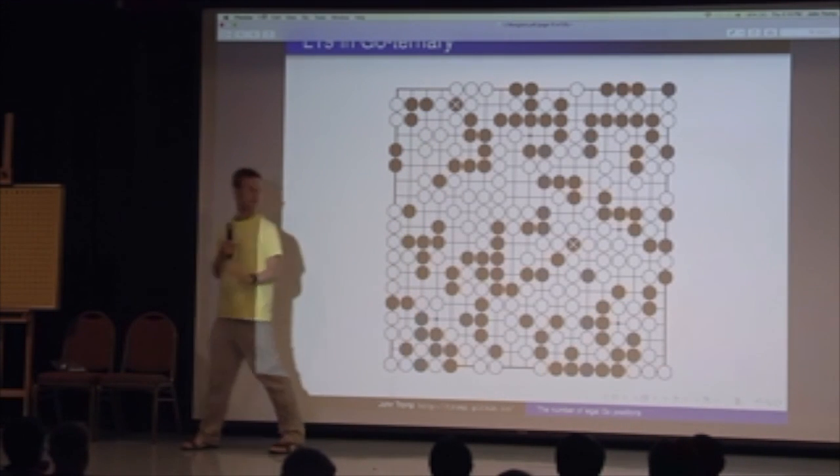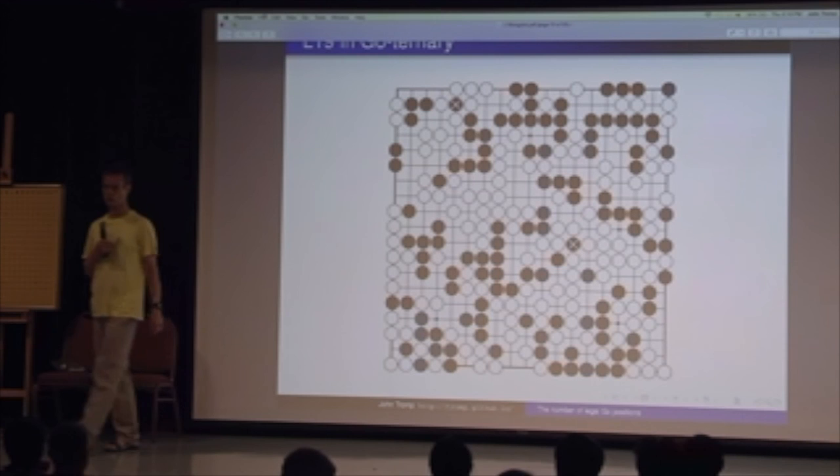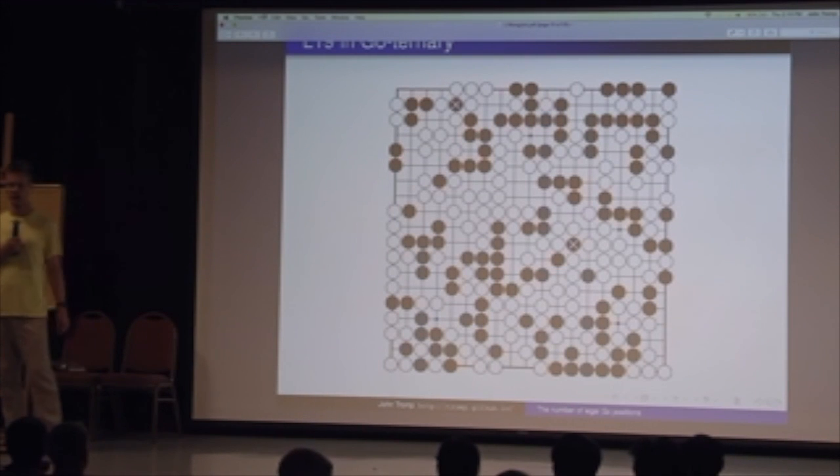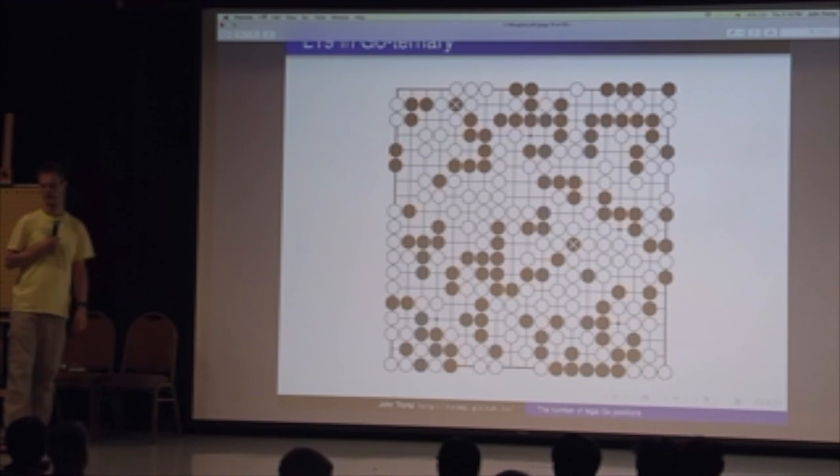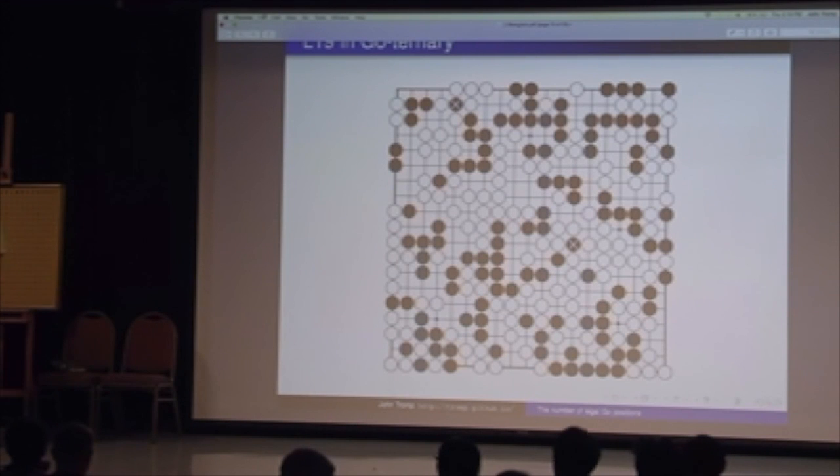So it's almost 3 to the minus 4, 1 out of 81. The probability of getting a legal position, if you randomly color each point empty, white, or black, is about 1.2%. So the odds were against this number being legal.